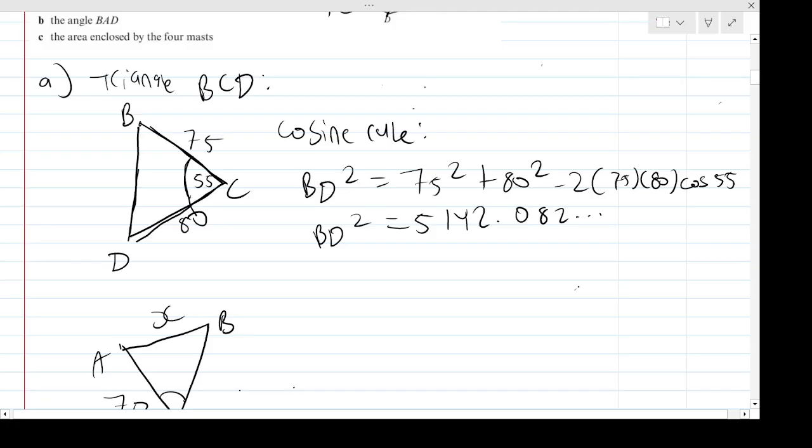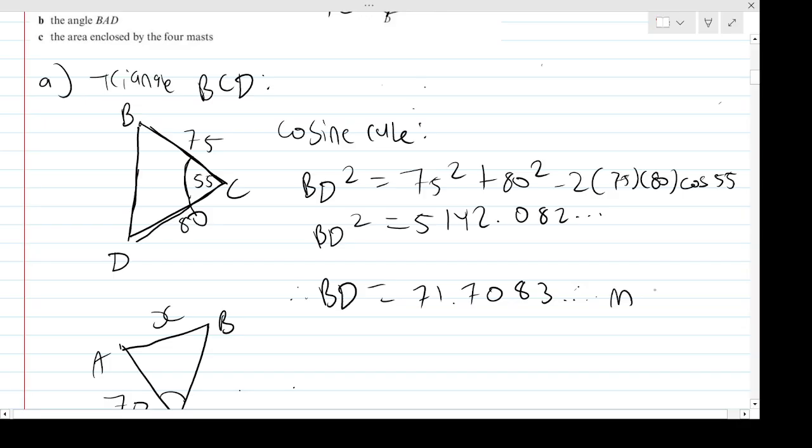And so then if I square root both sides, I get therefore the side BD is 71.7083 blah blah blah meters. So now I've got BD.